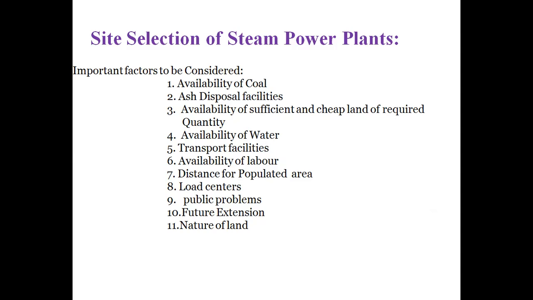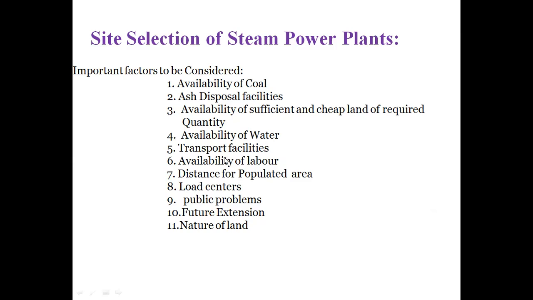In the steam power plant, we need a large amount of water, because by using the water only, the steam gets generated. As a large amount of water is needed, we have to use natural sources, so the steam power plant should be very near to rivers or canals.